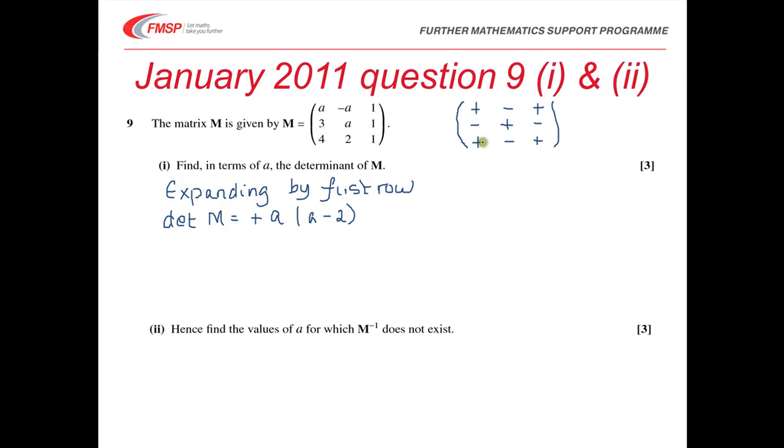Now the next term is going to be negative, and the entry itself is negative A. We're again imagining that we're going to cross out the first row and that middle column, and we're finding the determinant of the matrix (3, 1; 4, 1), which will be 3 minus 4. And then the third term is positive, the entry is 1, and the matrix is this one here, and that has determinant 6 minus 4A.